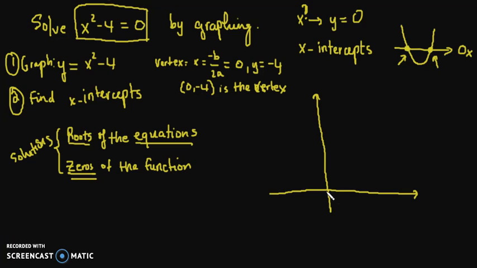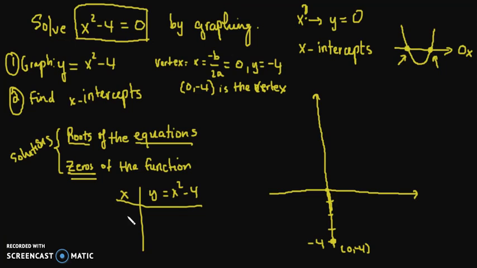So 0 here, negative 4, with negative 1, negative 2, negative 3, negative 4 marked on the axis. This is the vertex. I want to find the other points as well, so I make a table of values. I have x here and y equal to x squared minus 4 here.